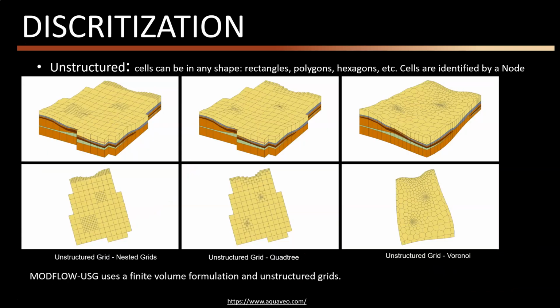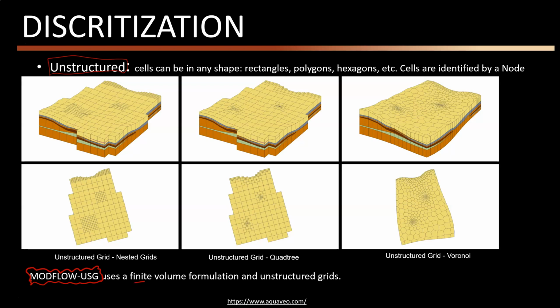Let me first introduce the unstructured system, and later on we'll compare the structured and unstructured, and then you can see the advantages and disadvantages of using these systems. The unstructured system is an advanced and recently developed spatial discretization, which in MODFLOW is known as MODFLOW-USG.